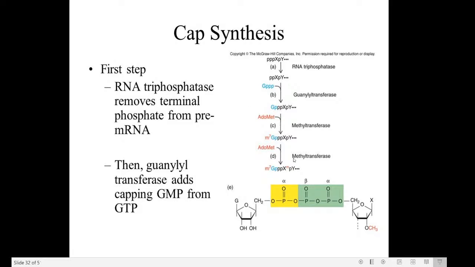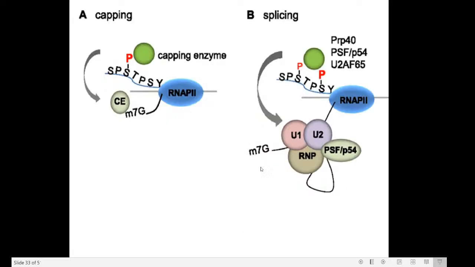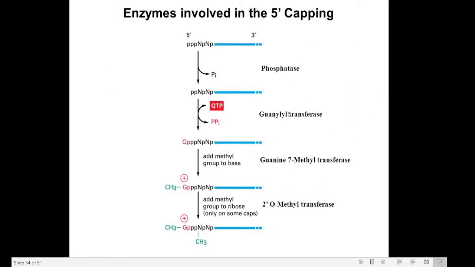That complex is activated by methyl transferase, then methyl is added to the sequence, and then again methyl transferase is added, which makes a multiple sequence. It's a capping process and a splicing process. In the capping process you add the capping enzyme and form the cap at the 5 prime end. It's a sequential process.